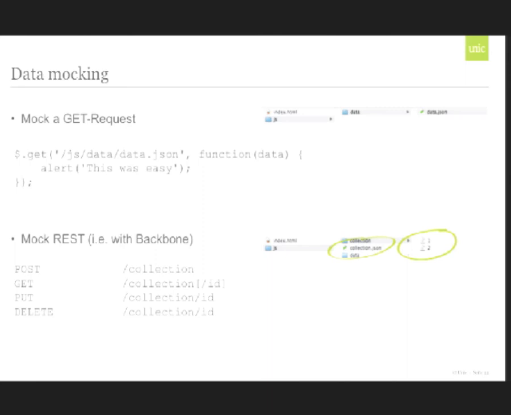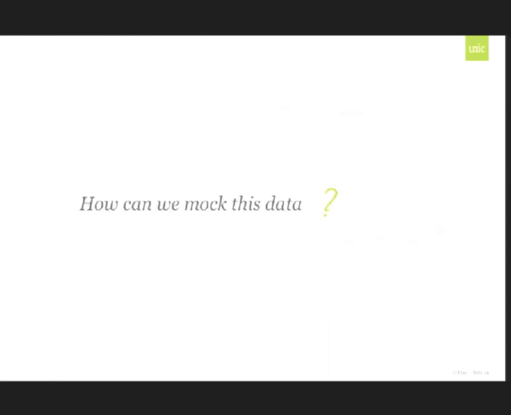You can't just create a file for every ID you could have in your prototype. Does anyone of you have an idea how we could mock this data away? No? Okay. We had some problems too.